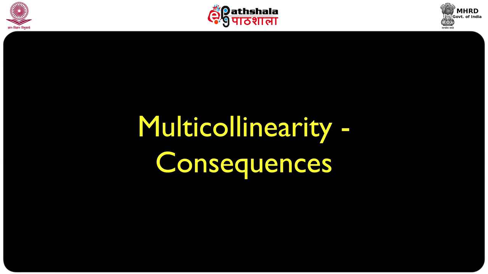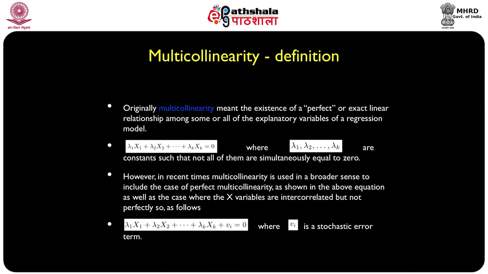In this current module, we will discuss the presence of multicollinearity in a data set and its consequences. Originally, multicollinearity meant the existence of a perfect or exact linear relationship among some or all of the explanatory variables of a regression model.